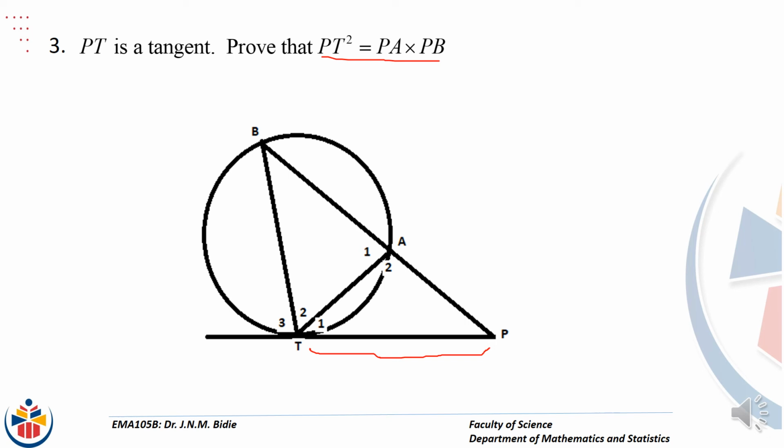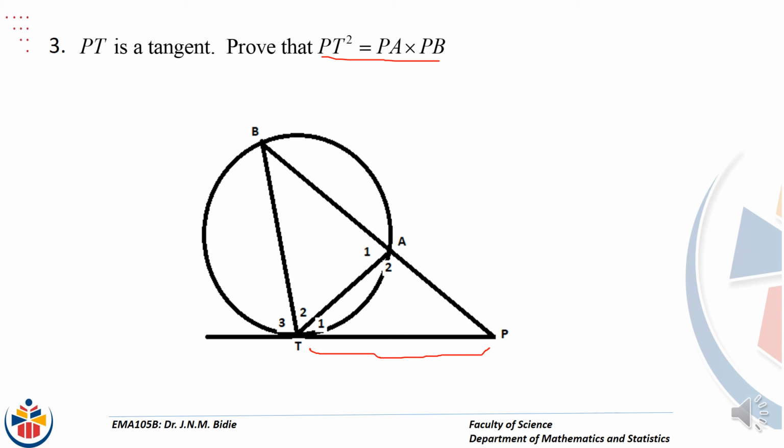So even when we're naming our sides, we have to consider that. So that means BP divided by TP in the smaller triangle is equal to BT divided by PA equal to PT divided by TA.